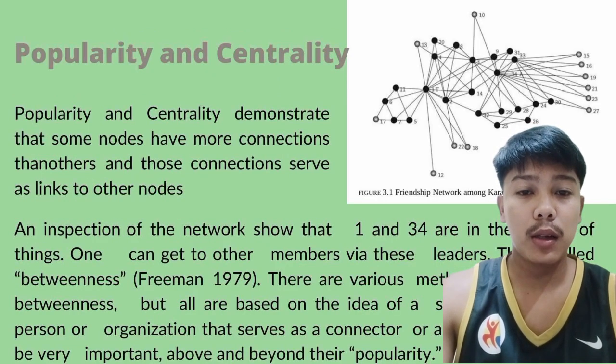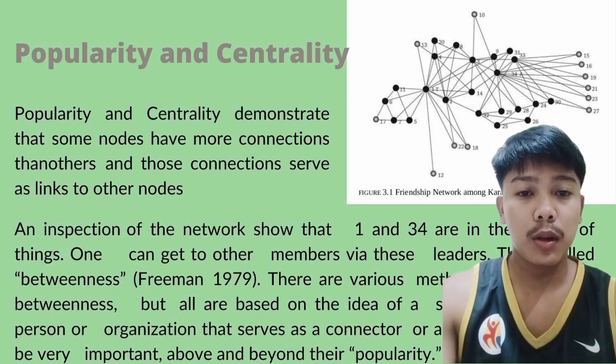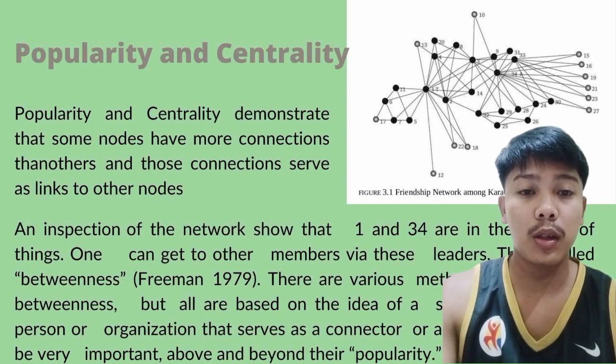Popularity and centrality are concepts used to evaluate the importance or influence of nodes in a network. Popularity measures the number of connections a node has, while centrality measures the overall control or position of a node in the flow of information or resources within a network.